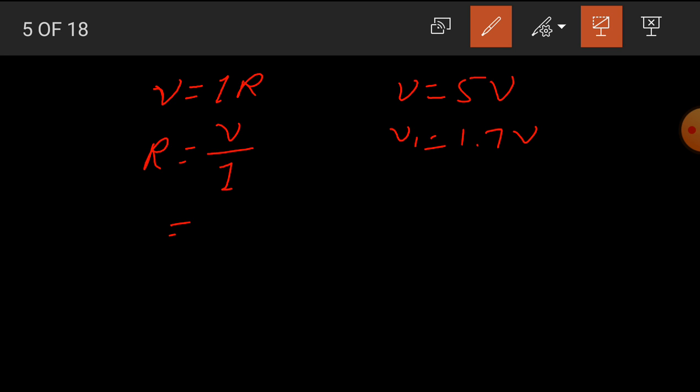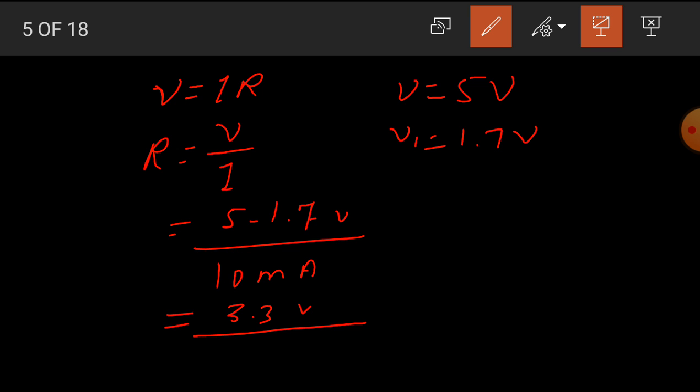Hence, the potential difference is 5 minus 1.7 volt upon I, which is 10 milliampere. That means 5 minus 1.7 is equal to 3.3 volt upon 10 milliampere, that is 10 into 10 raised to minus 3. After simplification we get the value of the resistor as 330 ohm.